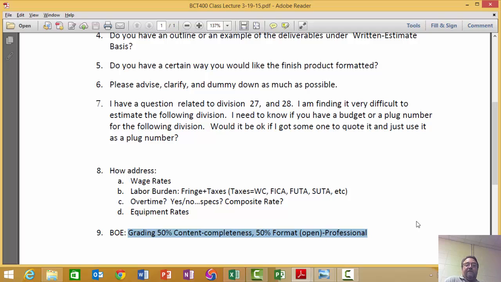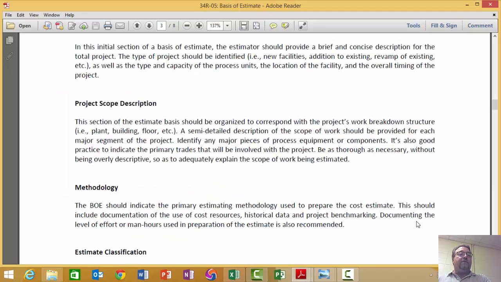And 50% is it professional looking? You're seniors, you're supposed to know how to put reports together. If we failed, we failed. Learn it now. But I'm not going to give you a one-page thing of what the margins need to be, this, that, and the other. Hell, copy the recommended practice. Do it in that format, and I'll be happy.